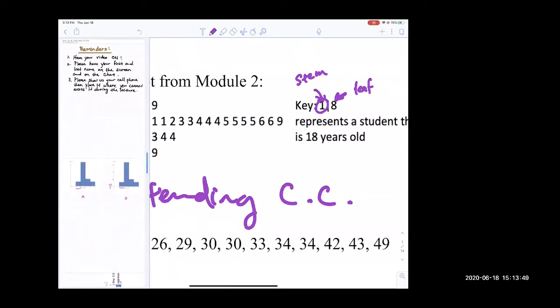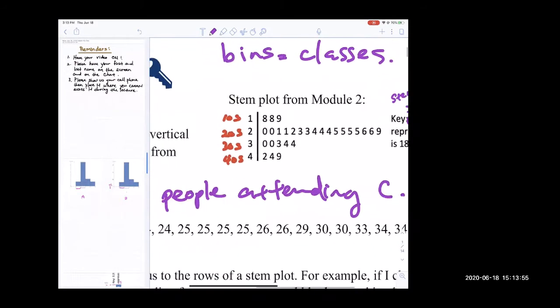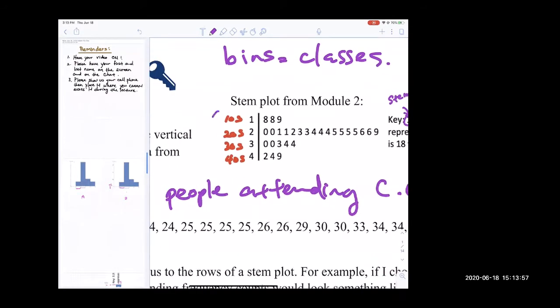It's in the tens category. So this right here is a bin. This is your bin, basically. Your tens, your 20s, your 30s, your 40s. Get the idea? So 18, 19, 20, 21, 21, and so forth.